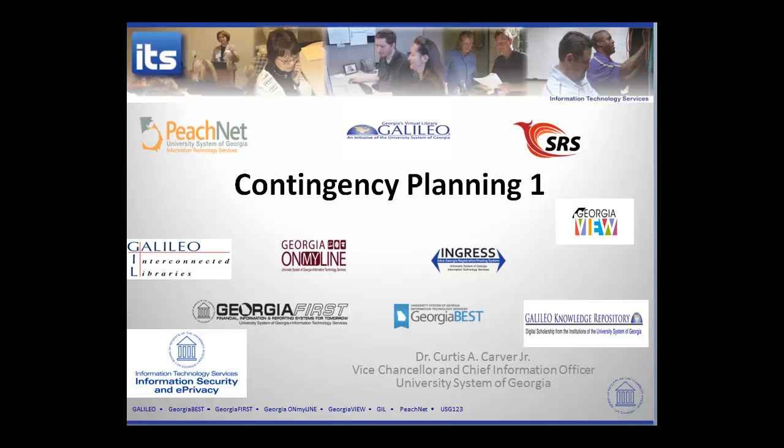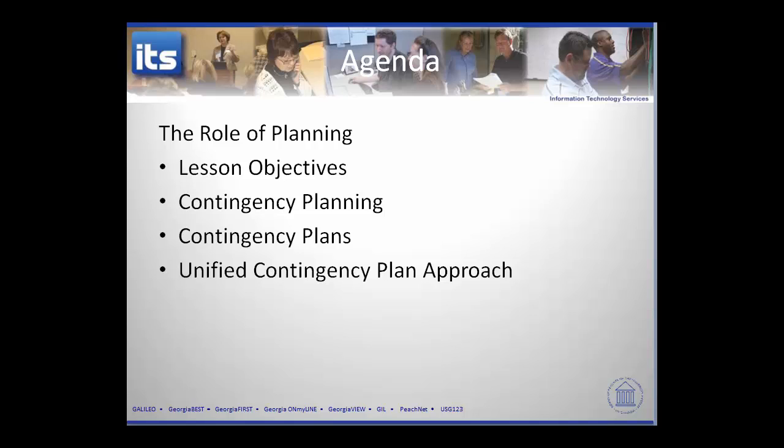And then we'll move in and start looking at contingency planning and plans and a unified planning approach. So that's really our structure for what we're going to do over these next set of videos that cover Chapter 3 from Whitman. Okay, there is the agenda that we're going to use as we get into this particular chapter.